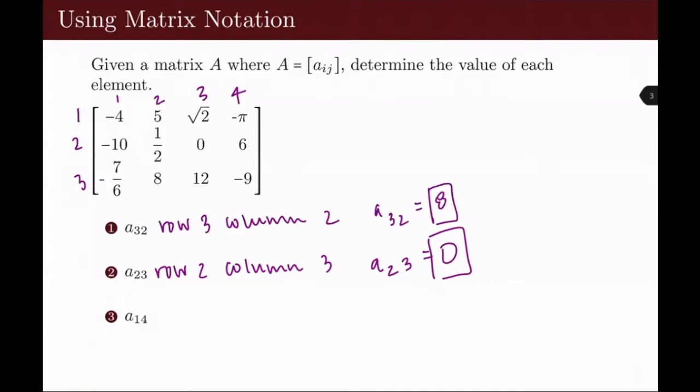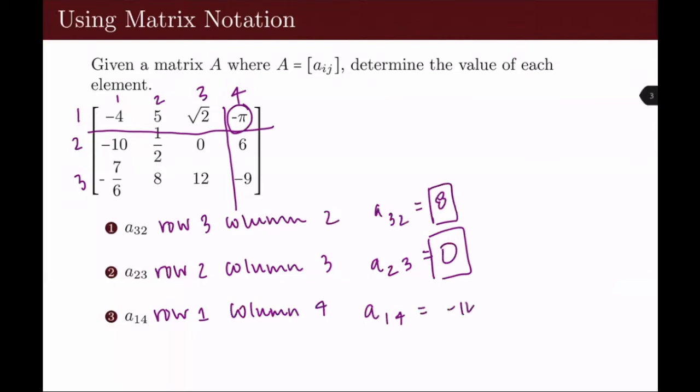Next, A14 means row 1, column 4. So we're looking across our first row, and then we're looking in our fourth column. That gives us negative pi. So A first row, fourth column equals negative pi.